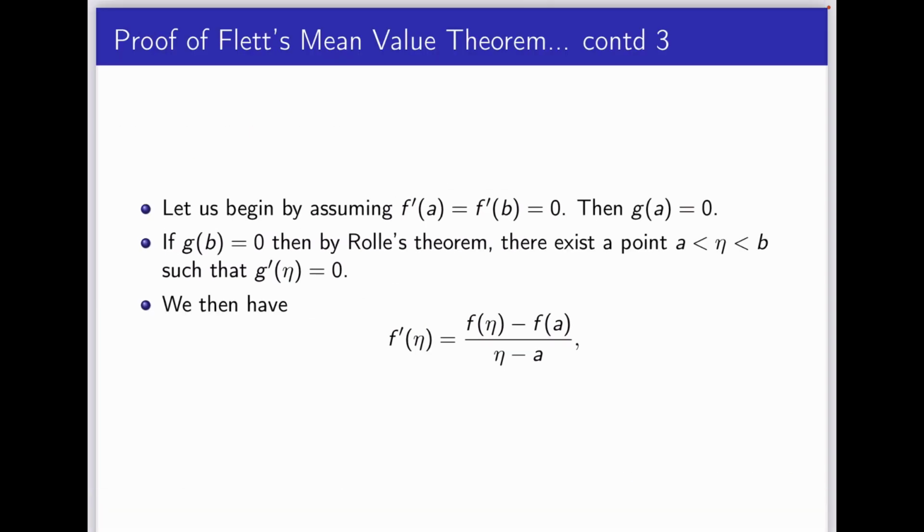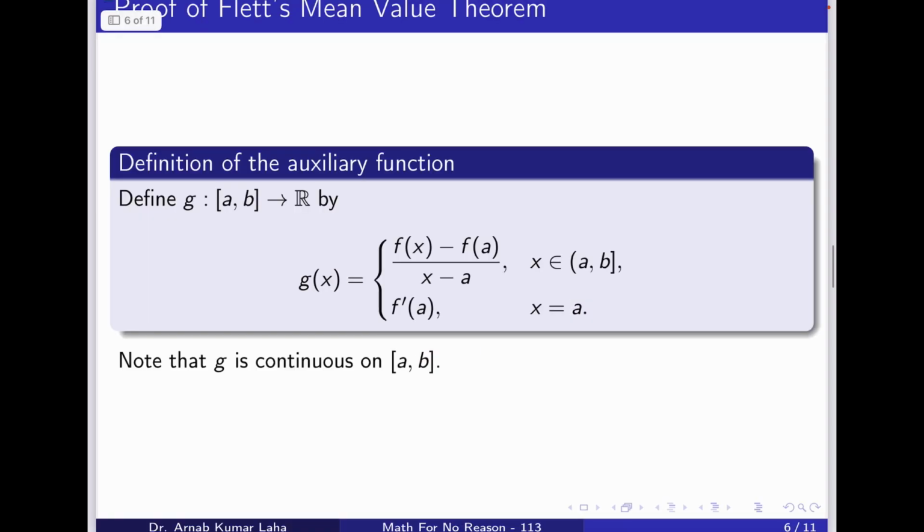We begin by assuming f prime a is equal to f prime b equal to 0. We will relax this condition later, but for the time being we begin with this, and it immediately gives us that g of a is equal to 0.